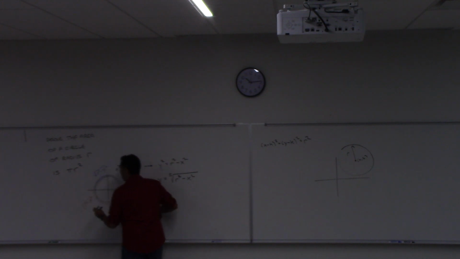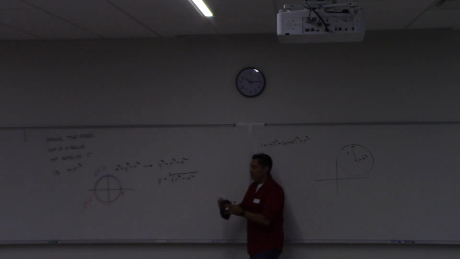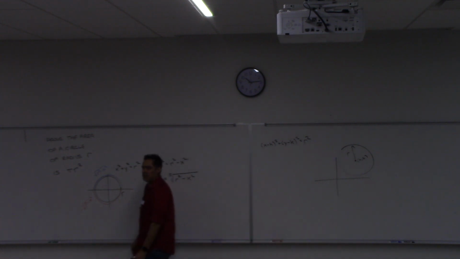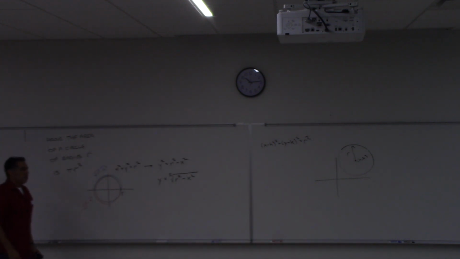So is the blue curve a function of x? The blue one, yes? Is the red one a function of x? Yes, separately they are functions of x, right? So I'm trying to find the area of the whole circle. What could I do?